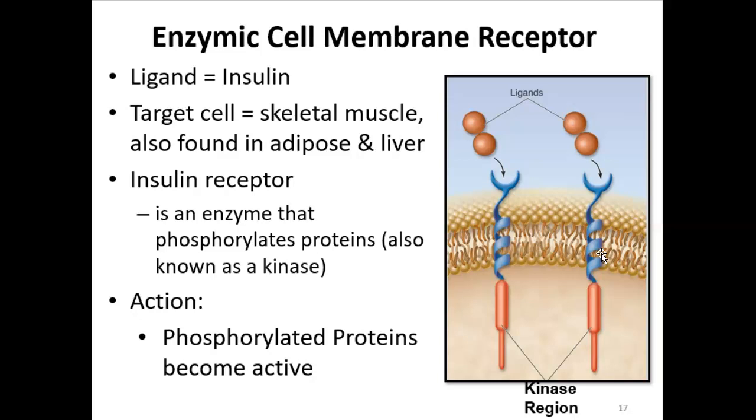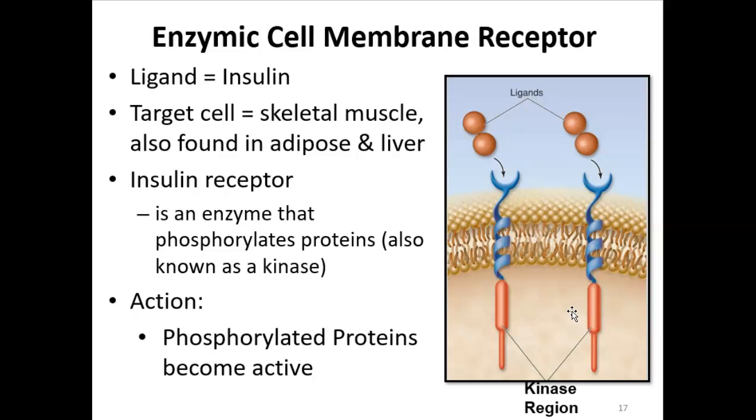So what the action will be when the ligand binds to the insulin receptor. So this is insulin, the red balls. When insulin binds to the receptors, which are blue, this kinase region will become active, and it will phosphorylate lots of proteins inside the cell.